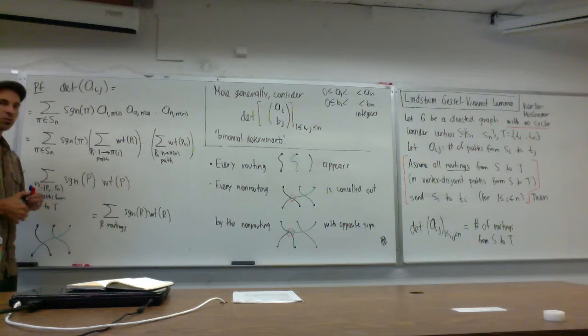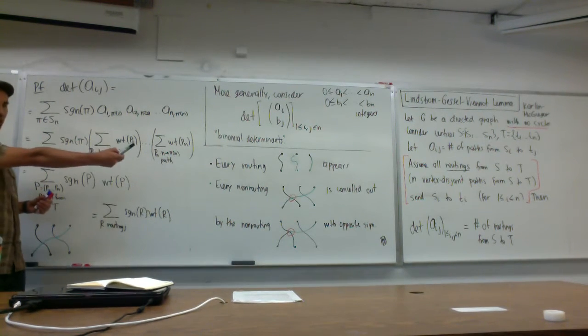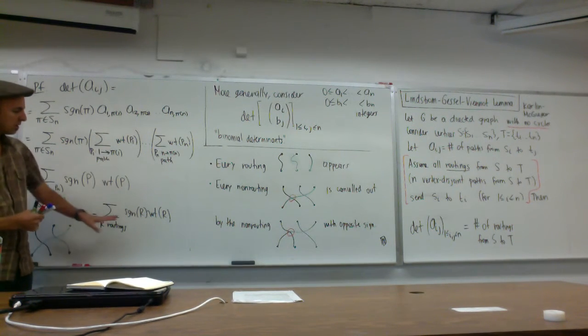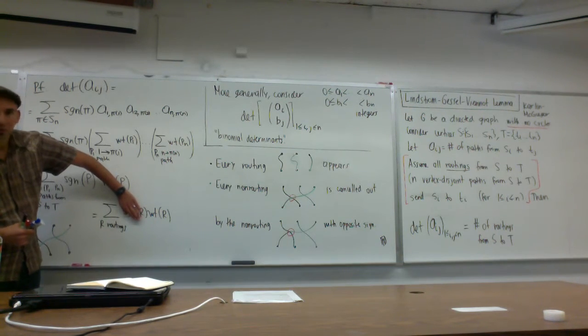Okay. And so if I put my assumption that the routings have to go from Si to Ti, then this is the identity permutation, and I just get the sum of the routings.